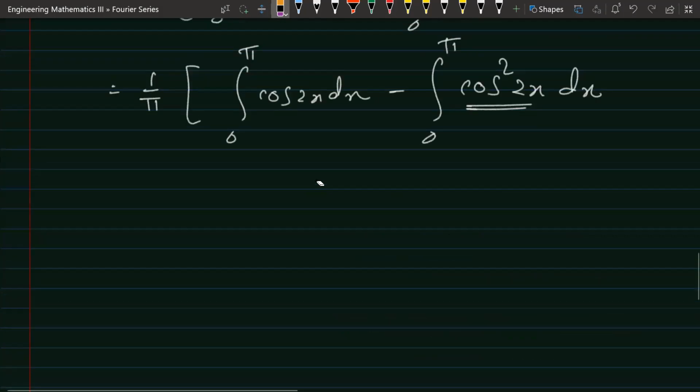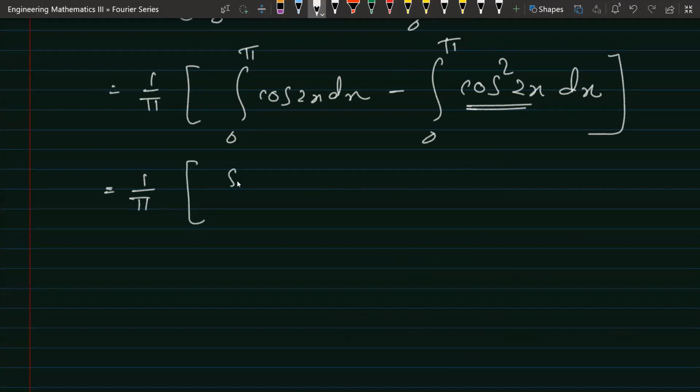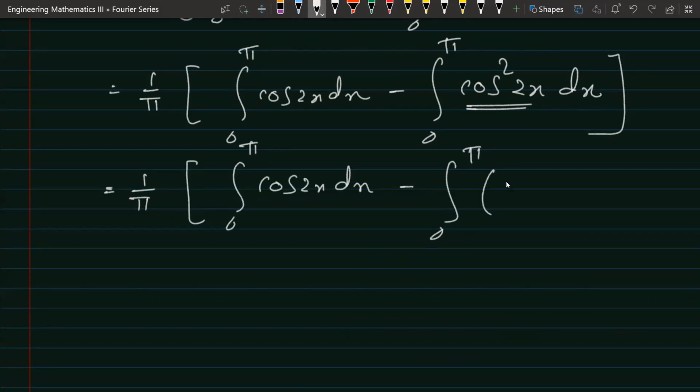So it becomes 1 upon pi times the integral from 0 to pi of cos 2x dx, minus the integral from 0 to pi of (1 plus cos 4x) divided by 2 dx.